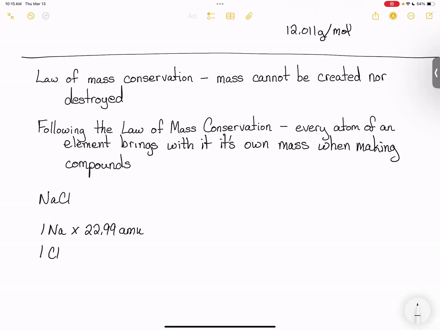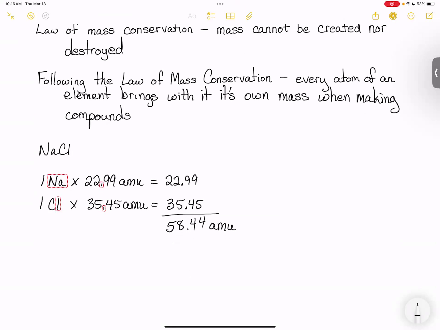And one chlorine carries with it its 35.45 atomic mass units. So the sodium contributes 22.99, the chlorine 35.45. So sodium chloride has a mass of 58.44 AMUs.